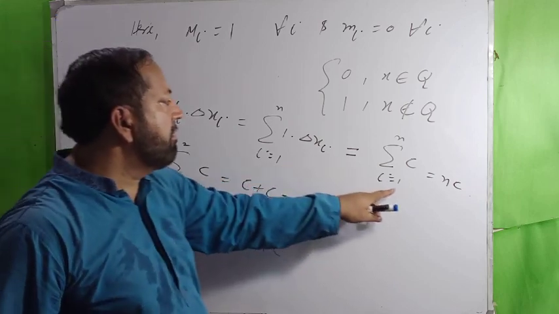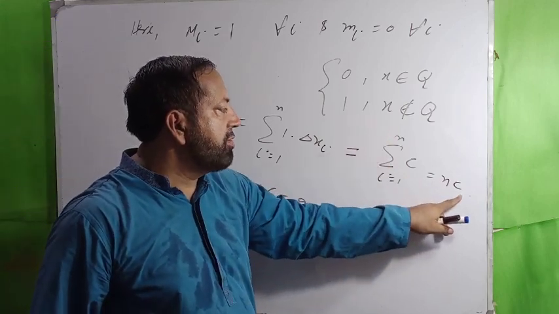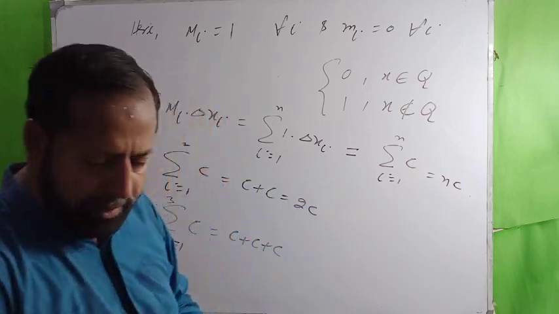Since we are adding from 1 to n, this must be nc.